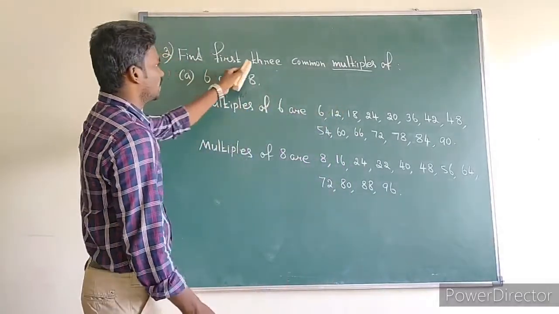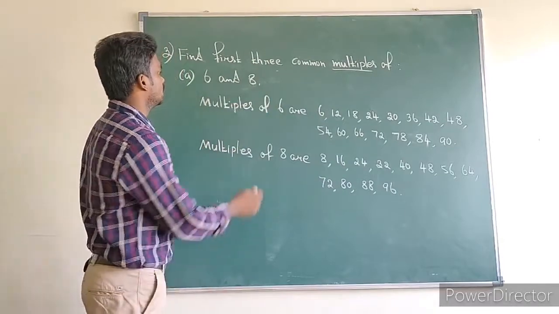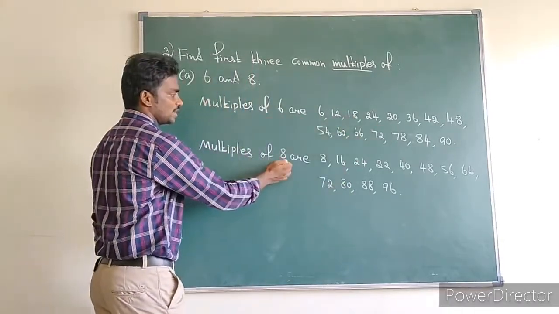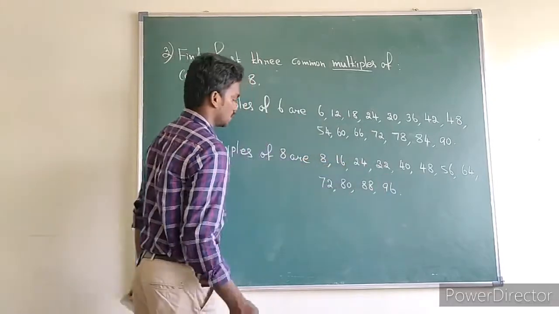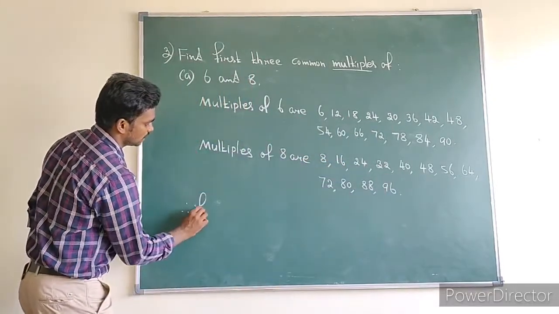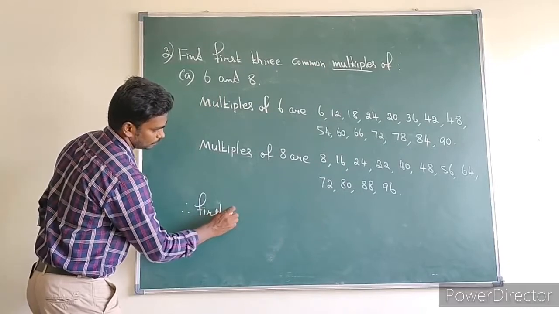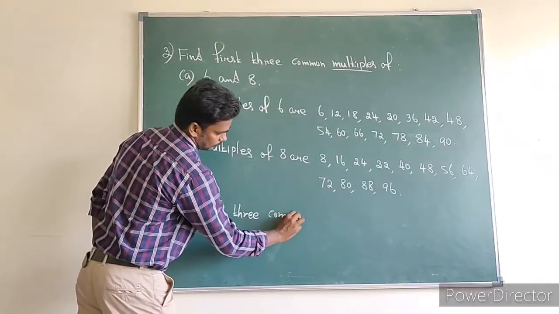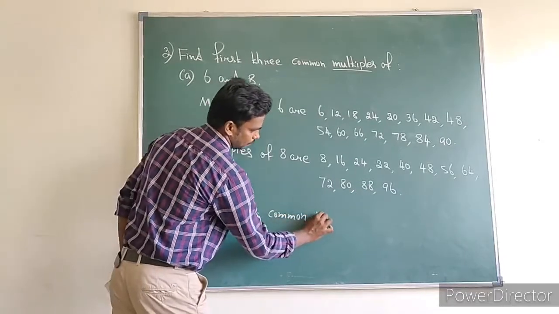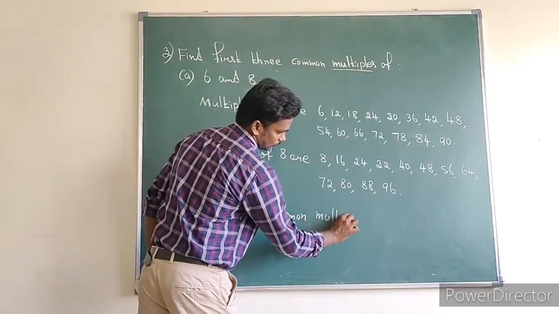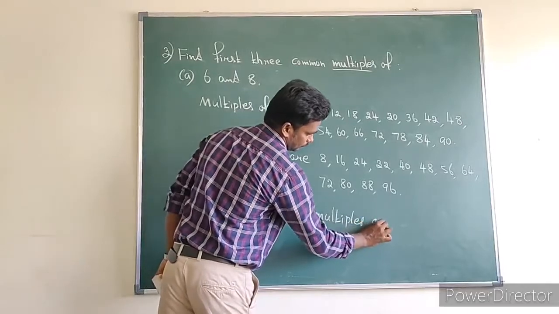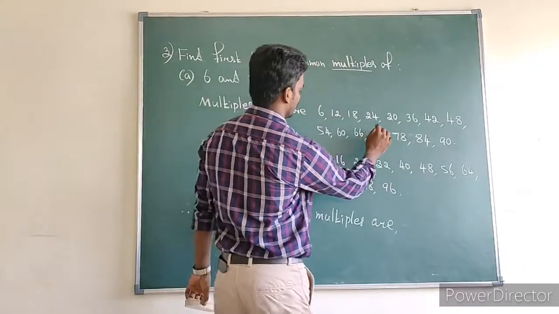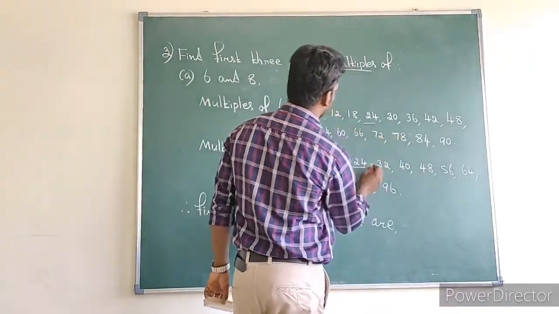So to find the first three common multiples of 6 and 8: multiples of 6 are 6, 12, 18 and so on, and multiples of 8 are 8, 16, 24 and so on. Therefore, what are the first three common multiples here? 24 is the common multiple for the first one.